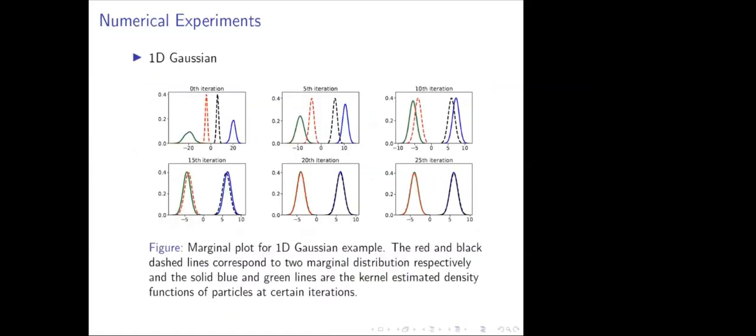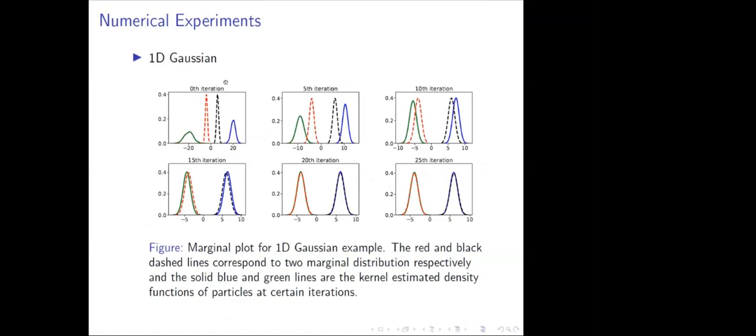Finally, let's show some results for the numerical part. For the first experiment, we start with one simple Gaussian case. The red and black dashed lines correspond to the two marginal distributions we give here. The solid blue and green lines are the marginals of the kernel density estimated from these particles.